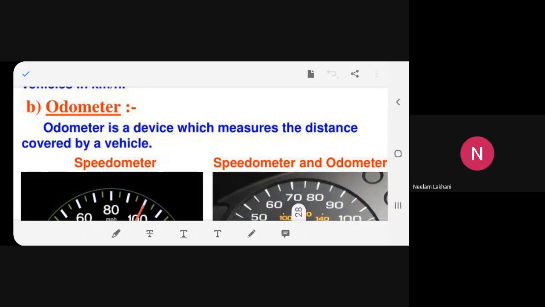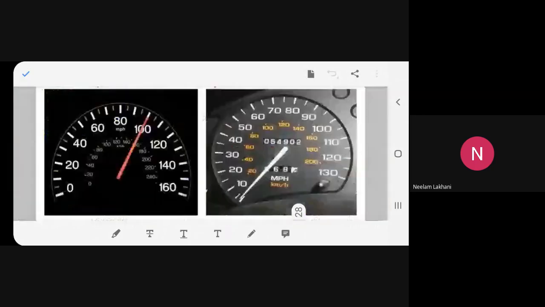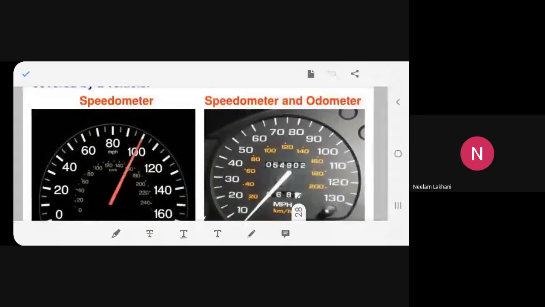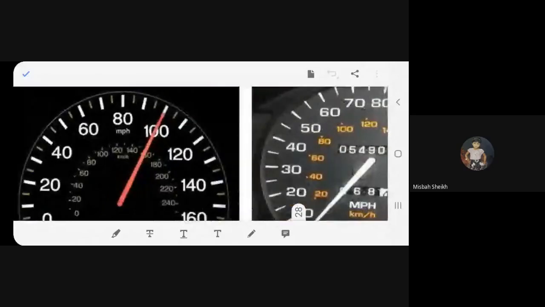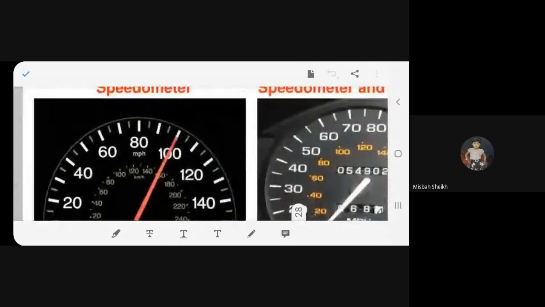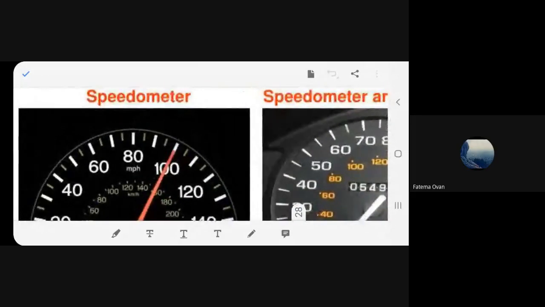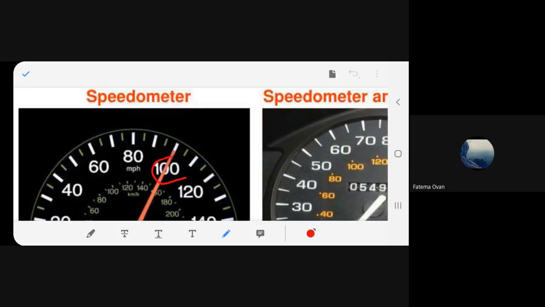Now, what is the extra in this slide? It is the picture. Can you see the speedometer over here? Yes, ma'am. This is the speedometer. See what it is showing here? 100. This 100 is miles per hour, mph. And the bottom one is kilometer per hour.